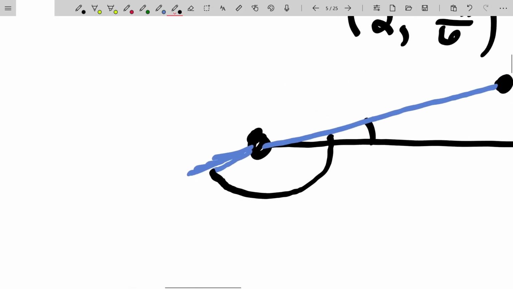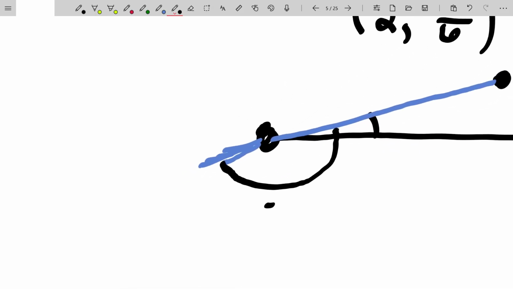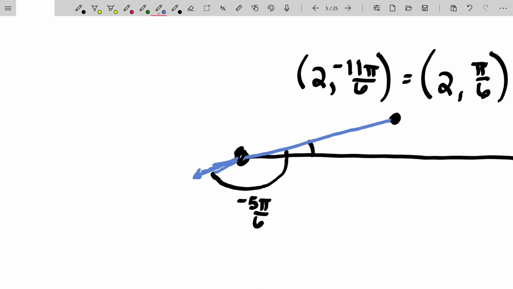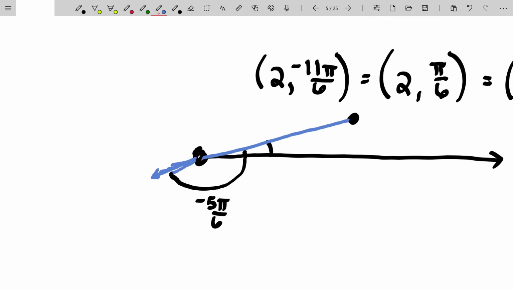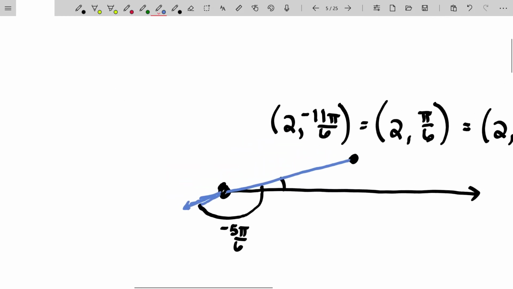So imagine you've turned through an angle of negative 5 pi over 6. And so therefore you're facing the equal and opposite direction. To arrive at this point that we're looking at, we would then step backwards. So that would be (-2, -5 pi over 6).